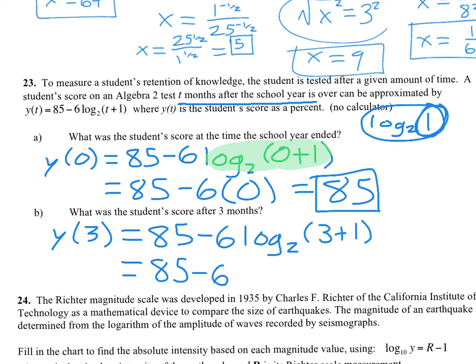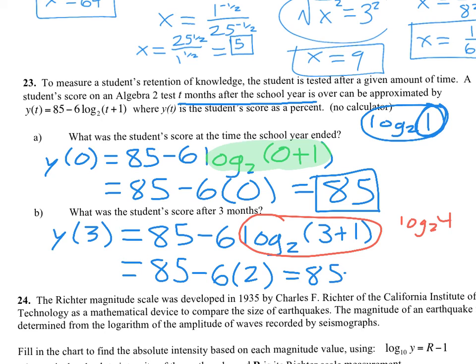The log is asking what exponent turns 2 into 4. So right here, this is asking what exponent turns 2 into 4. The exponent that turns 2 into 4 is 2. So we have 85 minus 12. So this person would score a 73 if they waited 3 months and took the test again.